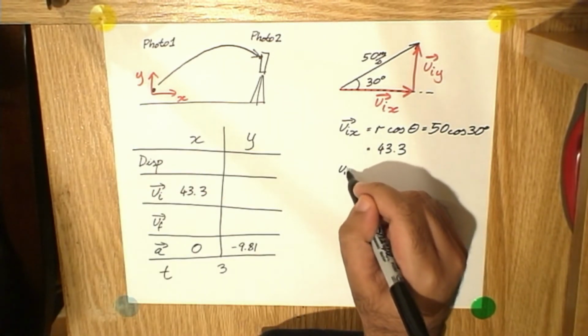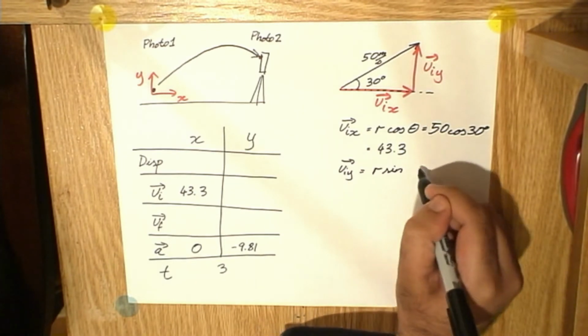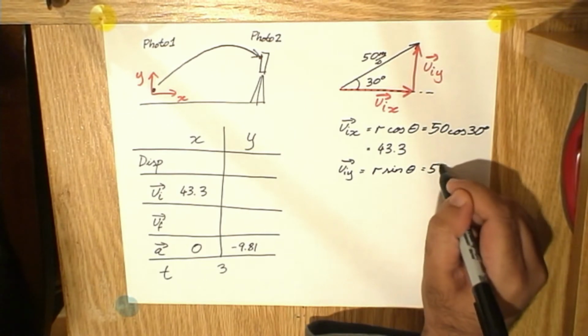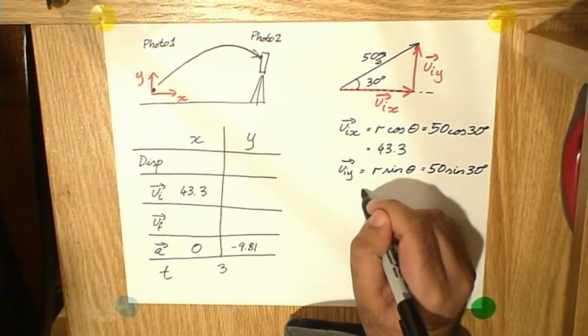Meanwhile, v initial in the y direction would be r sine theta, which would be 50 sine of 30 degrees, and that'll work out to be 25.